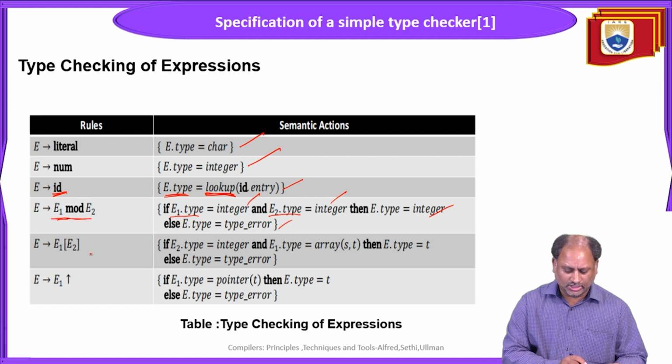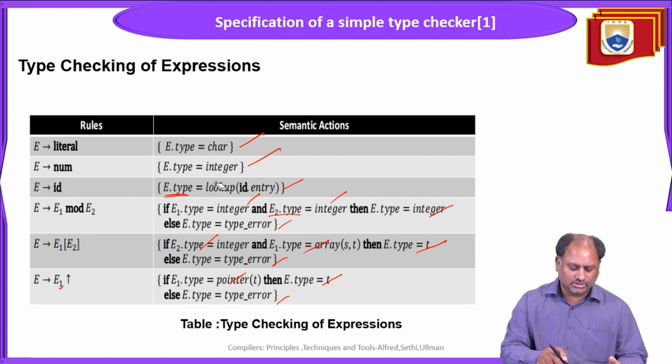Another one is array, E1 array of E2. E1 type is array type and E2 is integer. Then the expected type is E.type equals T, else error. And for the pointer type, if E1.type is a pointer, the expected type is T, else it returns an error.